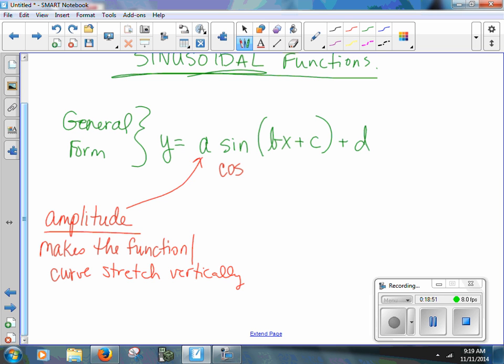This is when they get really, really tall. That's what affects the height, the vertical distance in the curve between the minimum and the maximum, all the points on that curve. Okay? The other thing that we are going to look at, and I'm going to go ahead and tell you what it is, is the B.